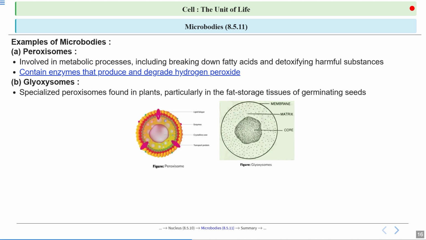Here in this image, on the left hand side, this is a peroxisome. You can see they consist of these enzymes. They have a crystalline core and a lipid bilayer. Then these are the glyoxysomes. They also consist of this crystalline core.